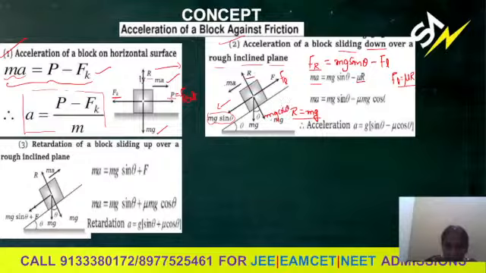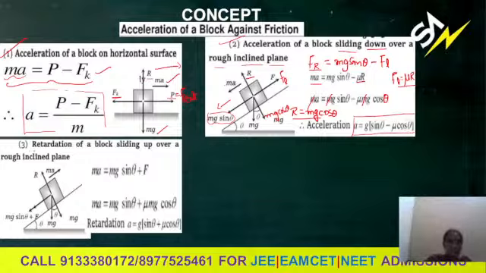So now R is balanced with mg cos theta; substitute the R value as mg cos theta. From all sides m is common, so it gets cancelled. So now the acceleration of an object on a rough incline while sliding down is g into sin theta minus mu cos theta.